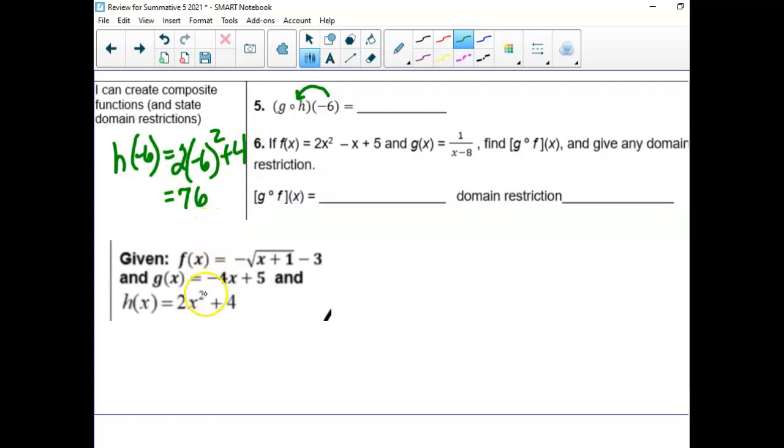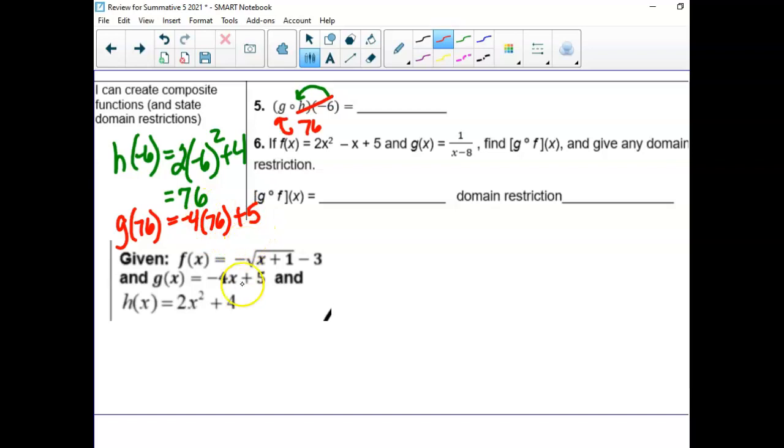Okay. And then that answer, that 76 that we found, goes into g. So g of 76 would be -4 times 76 plus 5.